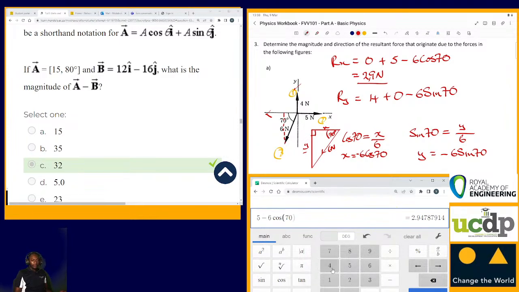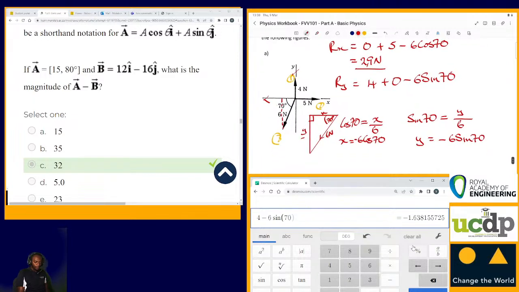That becomes 4 minus 6 sine 70. We get 1.6 newtons.